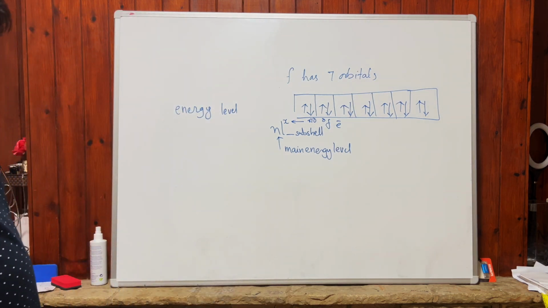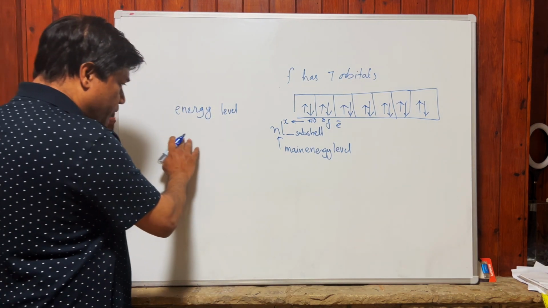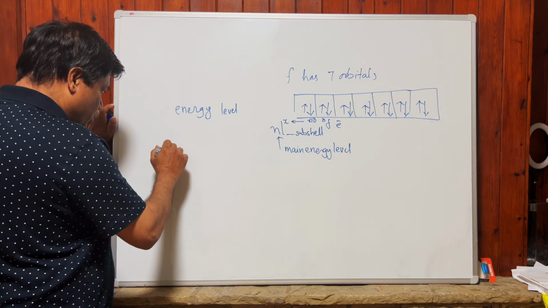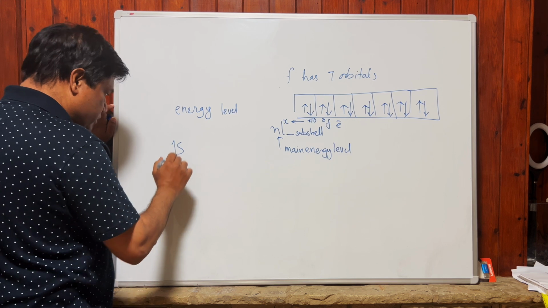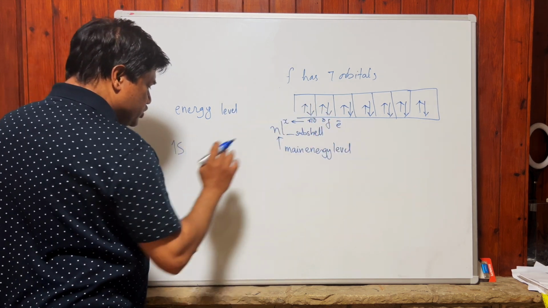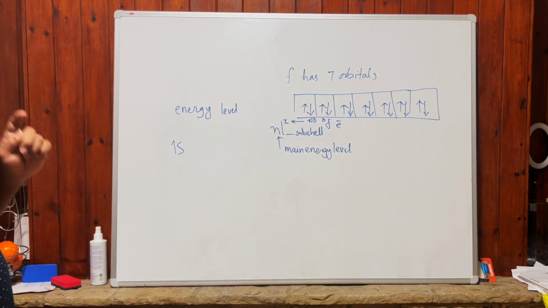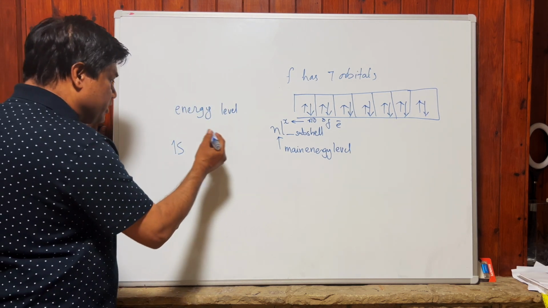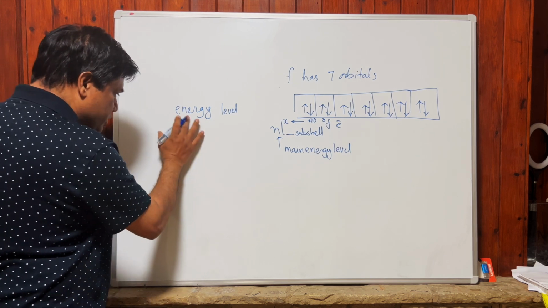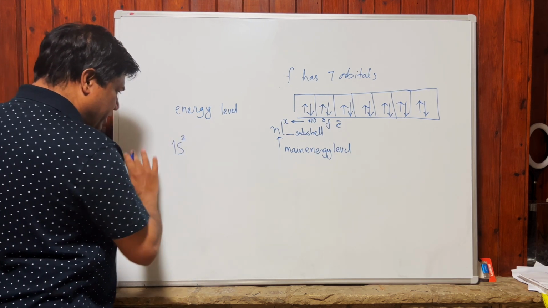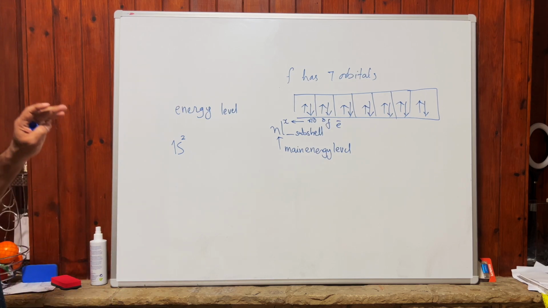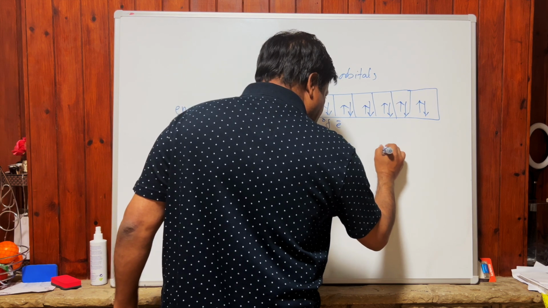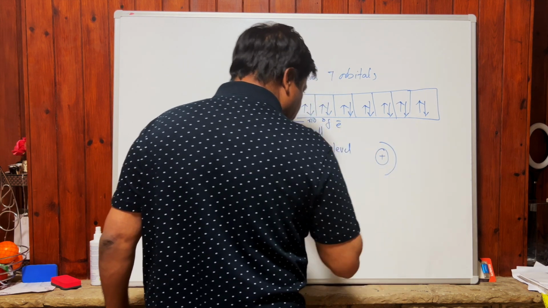Look at the energy levels, guys. This type of explanation you can't get in any textbook. First, 1s, the first energy level. 1s can have a minimum of 1 electron or a maximum of 2 electrons, so this slot is completed. The shell close to the nucleus is the s shell, and it is filled.